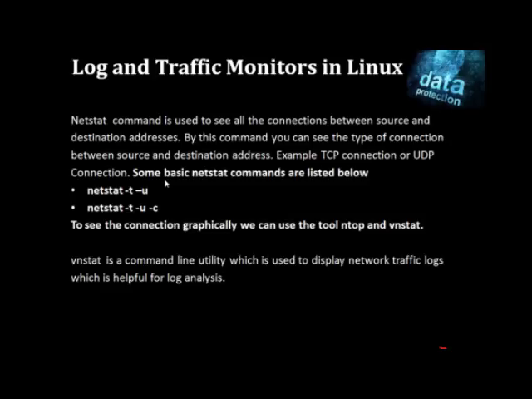Some basic netstat commands are listed as follows: netstat -t -u and netstat -t -u -c. To see the connection graphically, we can use the tools ntop and vnstat. vnstat is a command line utility which is used to display network traffic logs, which is helpful for log analysis.